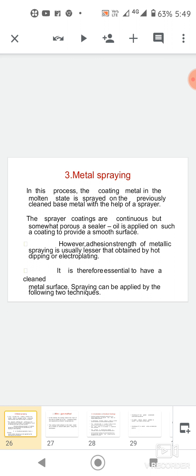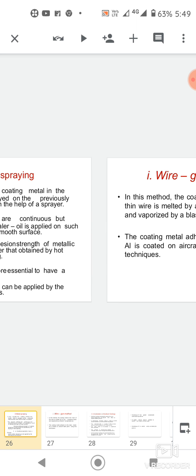A sealer oil is applied on such a coating to provide a smooth surface. However, the adhesion strength of metal spraying is usually lesser than that obtained by hot dipping or electroplating. It is therefore essential to have a cleaned metal surface. Spraying can be applied by the following techniques.